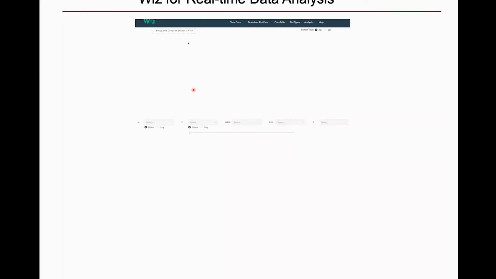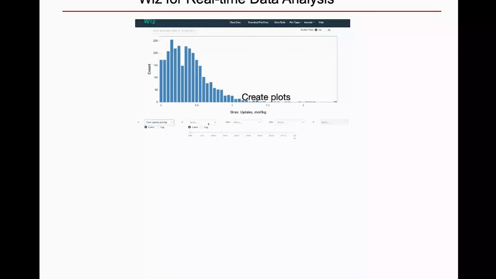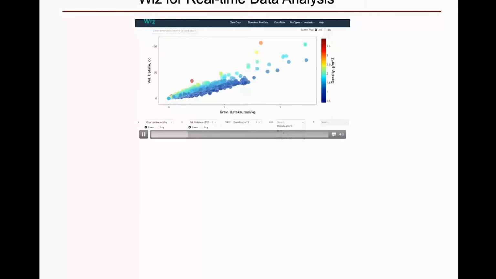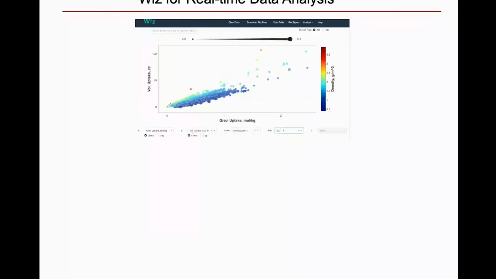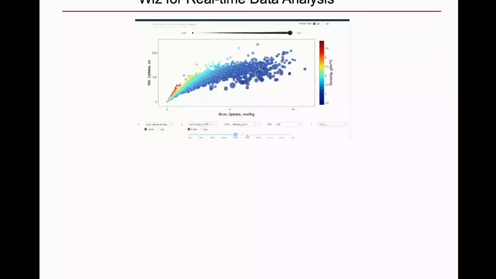So here is a quick demonstration of how the software works. Let me see if I can get this to run. So again, here you can see that after you upload your multidimensional data set, you can play around with the easy to use drop-down menus to explore different structure property relationships.